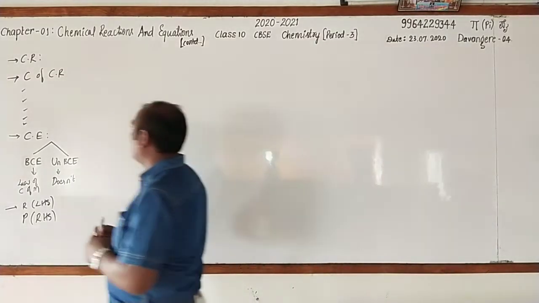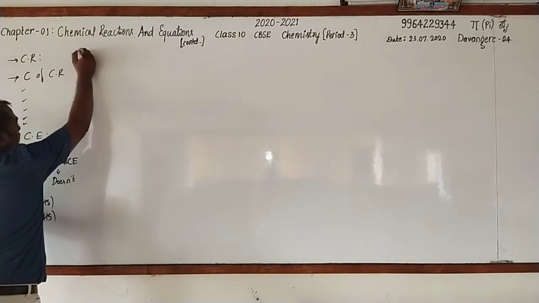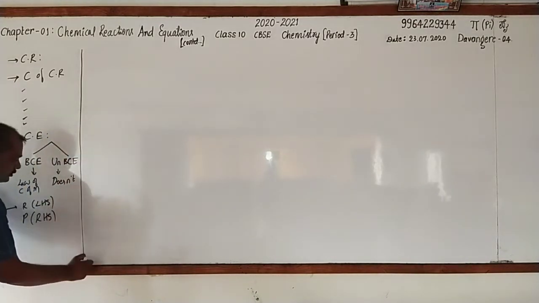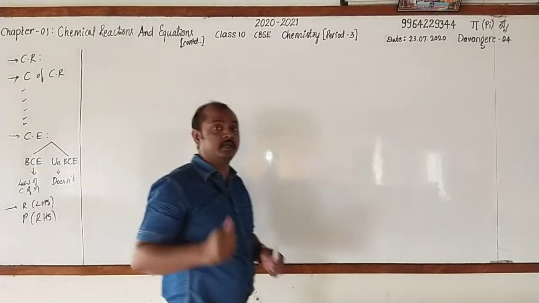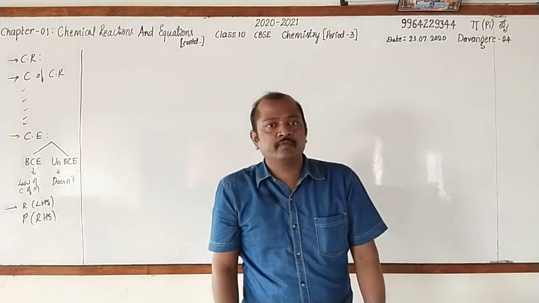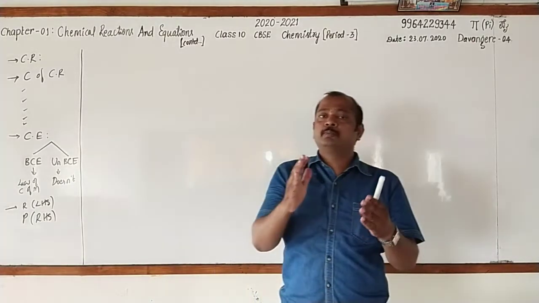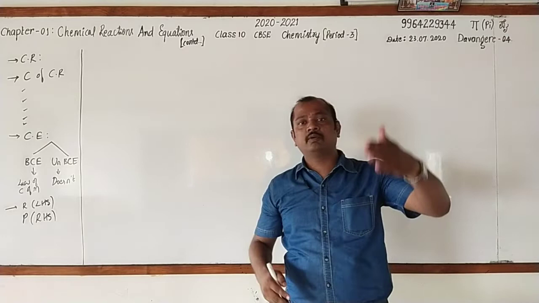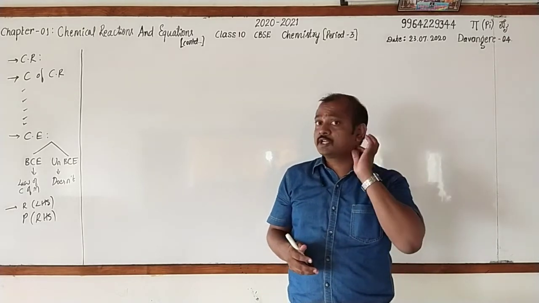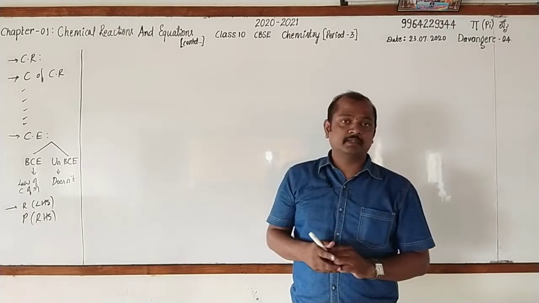Next, if a chemical equation is unbalanced, is it necessary to balance it? Yes. Why? Because to satisfy the law of conservation of mass. And to balance the chemical equation, we have different methods. But in our textbook, they have mentioned hit and trial method.